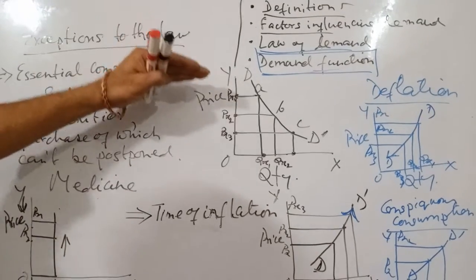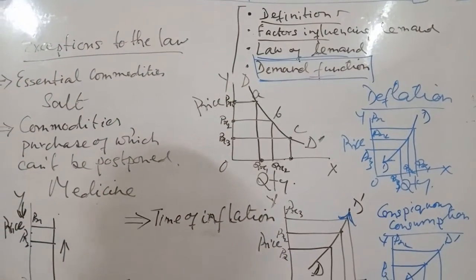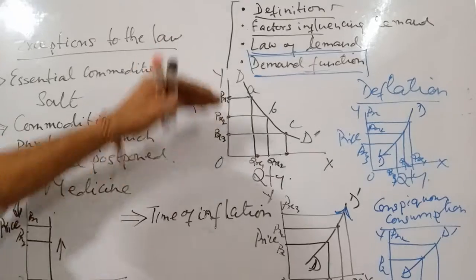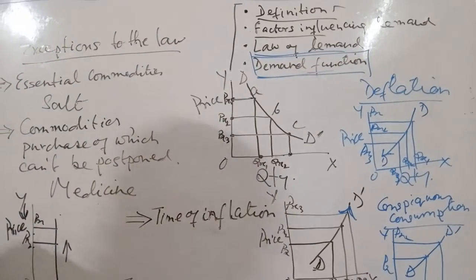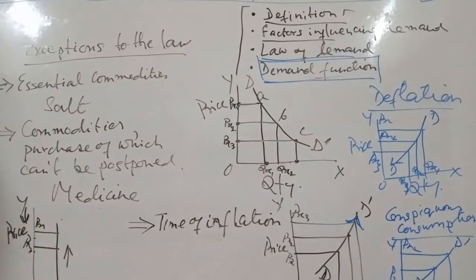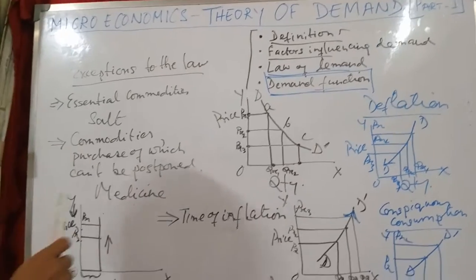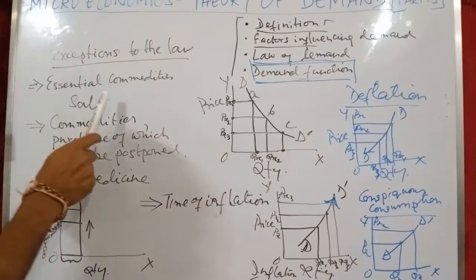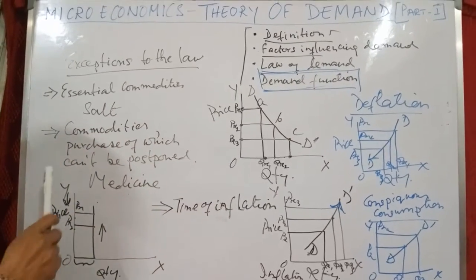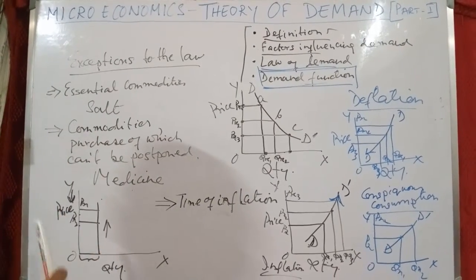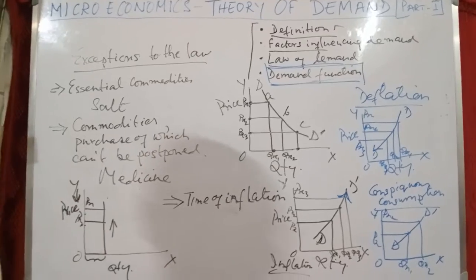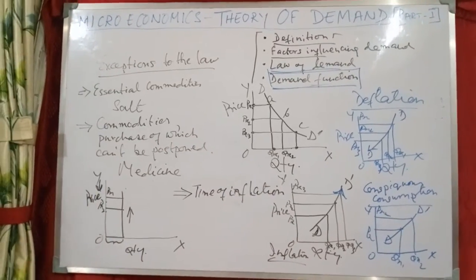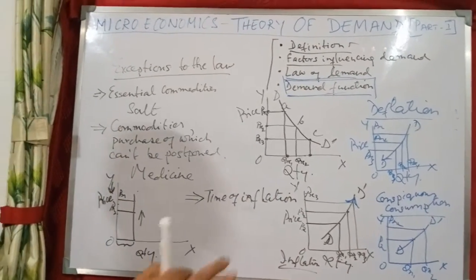That is, when price falls, quantity demanded increases, or if price increases, quantity demanded falls, other things remaining same. And these are the exceptions to the law: essential commodities like salt, medicines, etc., whose purchase cannot be postponed. Purchase of medicine cannot be postponed. Whatever be the price, the patient has to purchase the medicine.